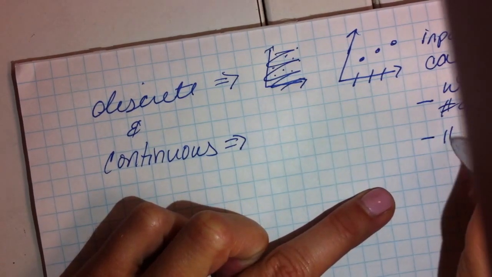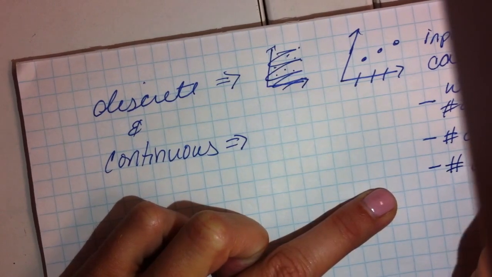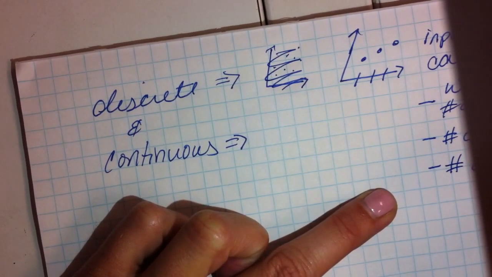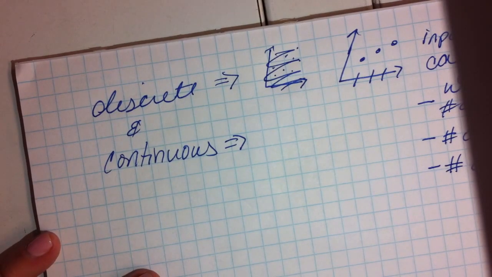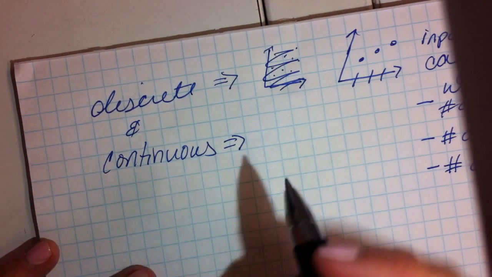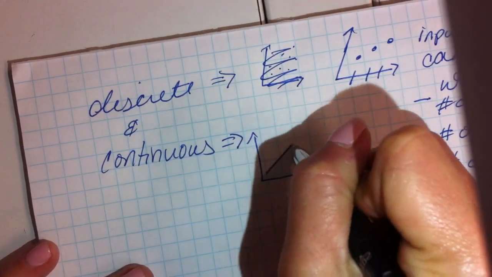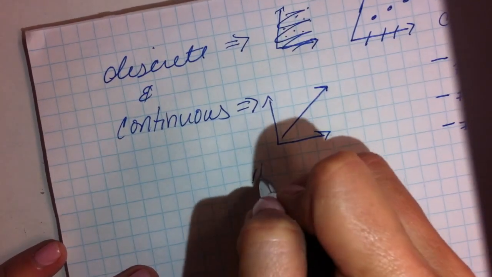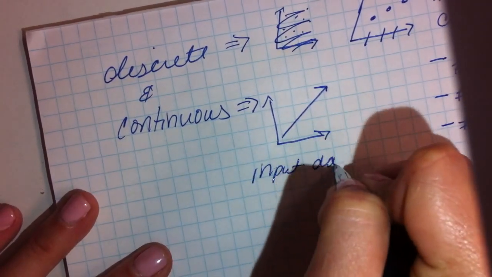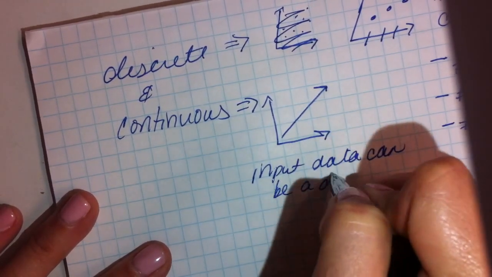Number of people, number of plants or work, number of pencils to buy. We did that one in class. So continuous is when you can actually take those dots and draw a straight line. You can use continuous when your input data can be a decimal.